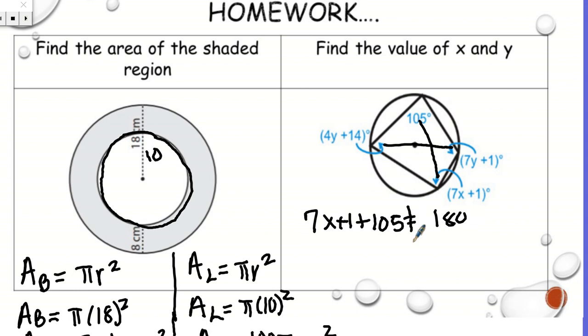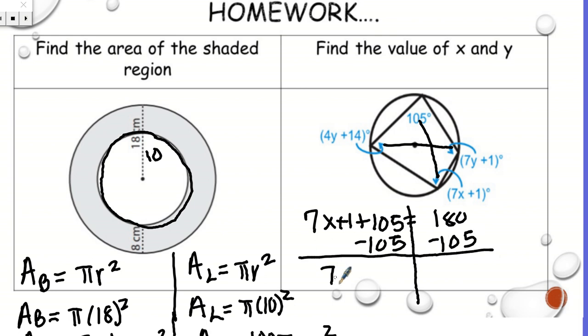So to solve for x, minus 105, minus 105, 7x plus 1 equals 75, and then I'm going to subtract another 1 from that. You could have combined like terms, I just missed it, so I just carried it on.